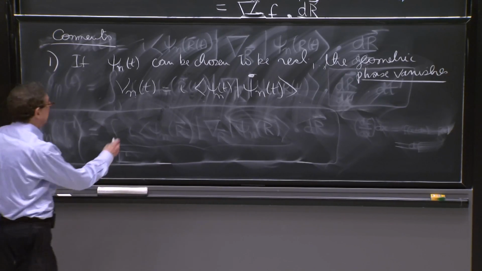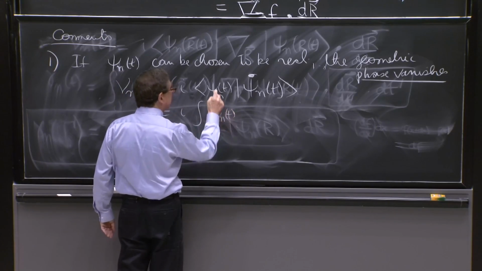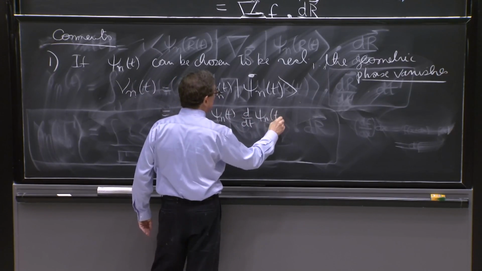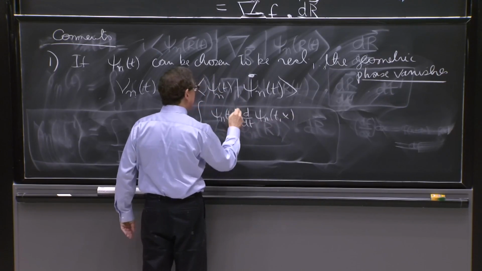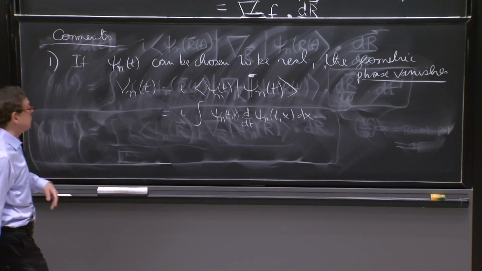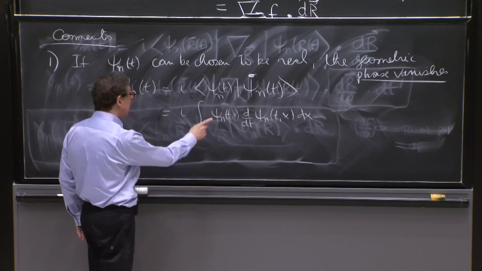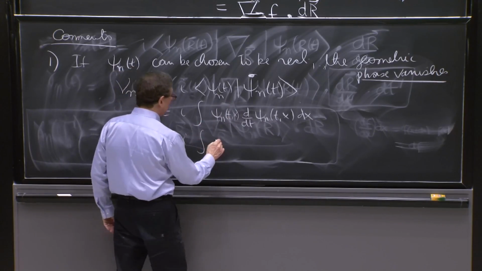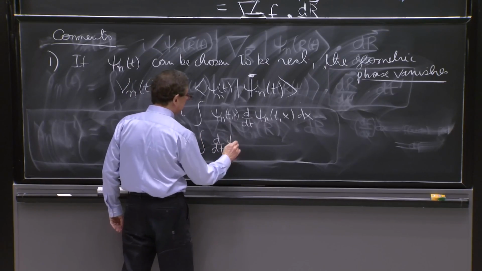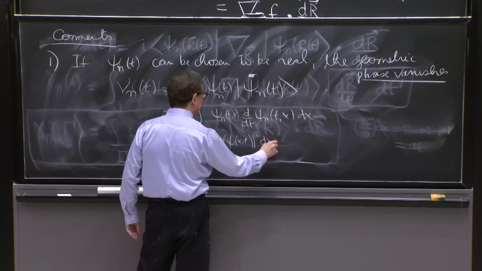But you can prove, in fact, that this is 0, if this is real. I can do it in a second. It's i times the integral of ψ_n(t), because it's real, d/dt of ψ_n(t), and I'll put an x here, and this is dx. That's what it is if ψ is real. Otherwise, there would be a star here, but if it's real, there's no star. But this is just the integral of 1/2 d/dt of ψ(x,t) squared dx.